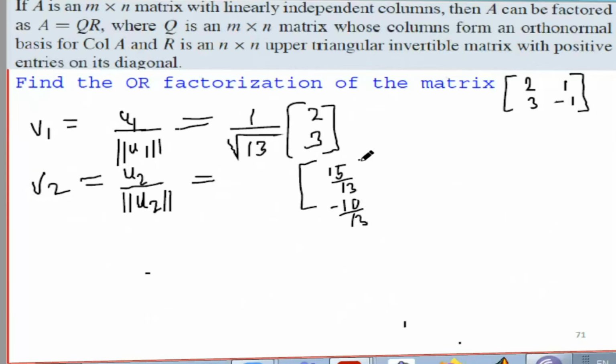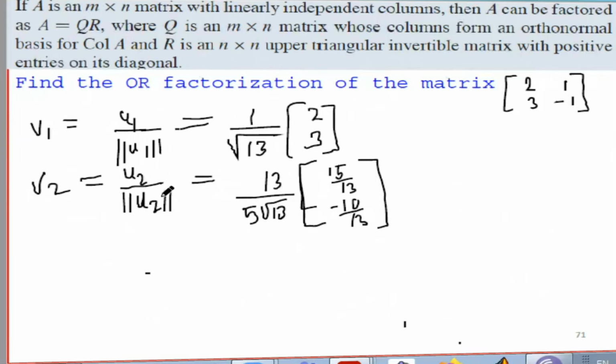Its norm is the square root of (15 by 13) squared plus (-10 by 13) squared, which is 5 root 13 by 13.